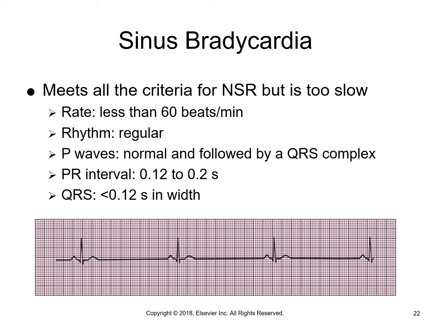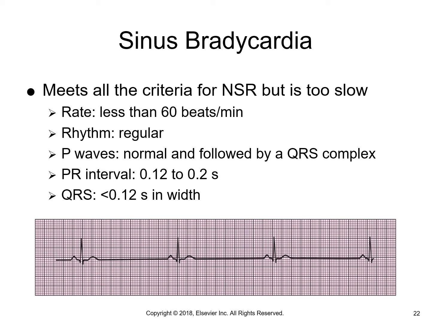So it could have many different causes. Again, look at your patient. Are they symptomatic? How is their blood pressure? So vomiting, hypoxia, hypothermia, inferior wall MI. Again, sleep, medications, beta blockers, calcium channel blockers.